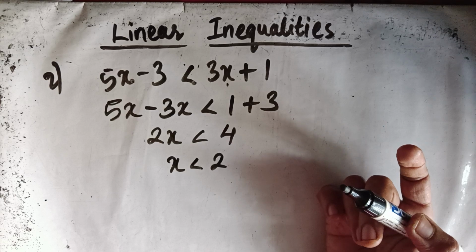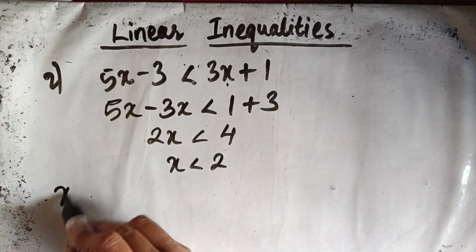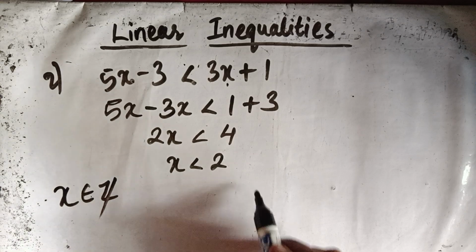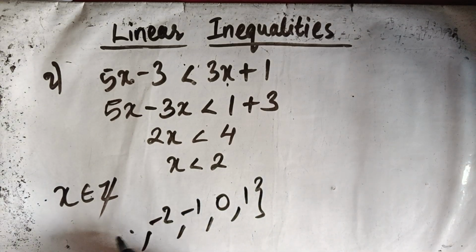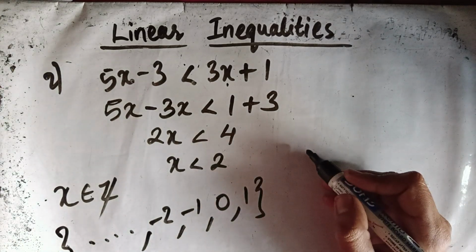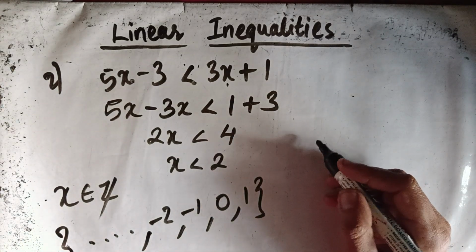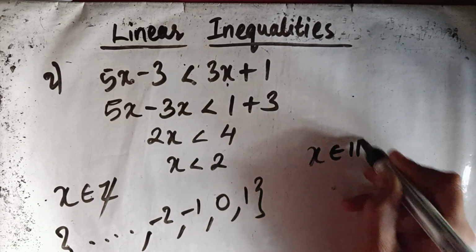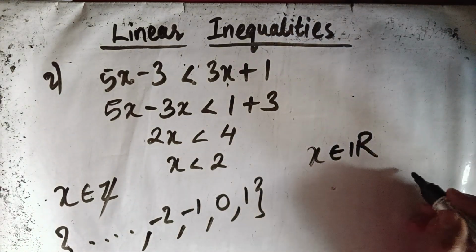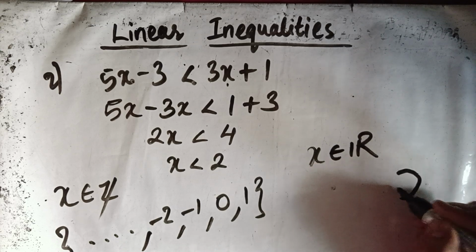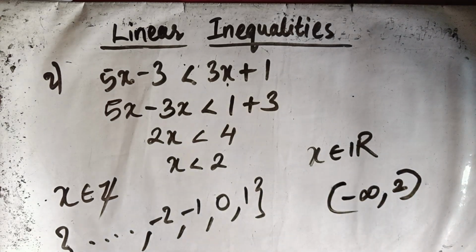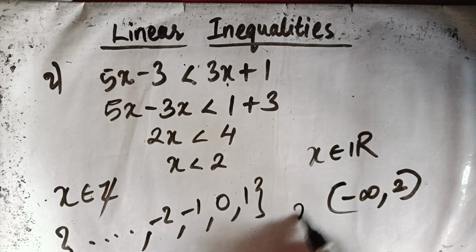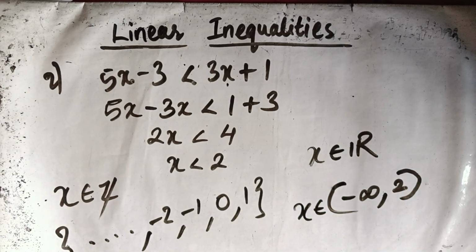First one is x is an integer. Integers less than 2: starting from 1, 0, -1, -2 and so on. Second one is x is a real number. Real numbers, all numbers are included. So this becomes an interval, minus infinity to 2. This belongs to this.